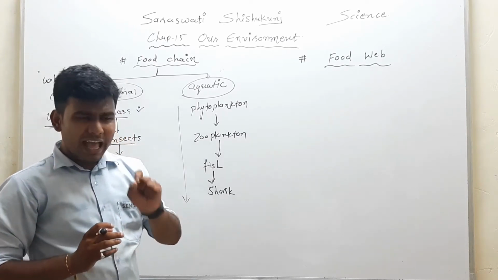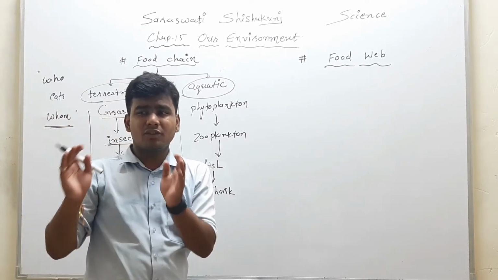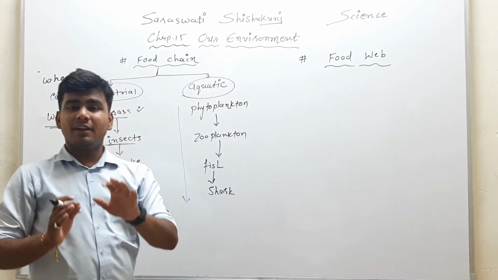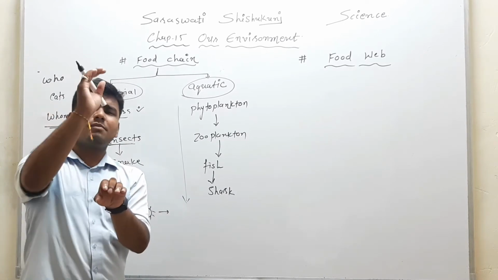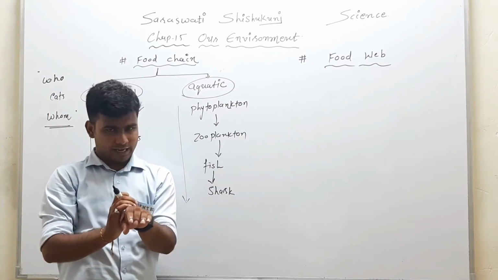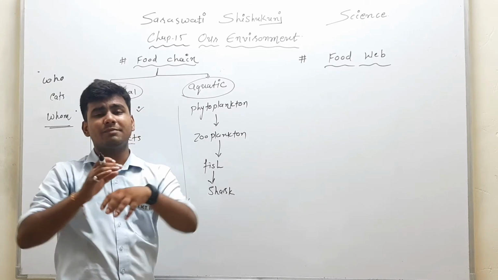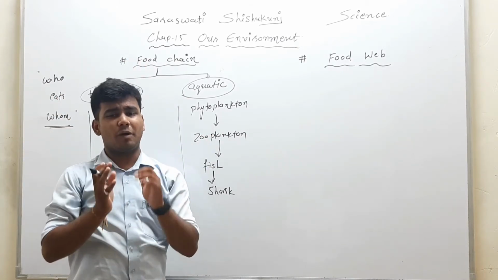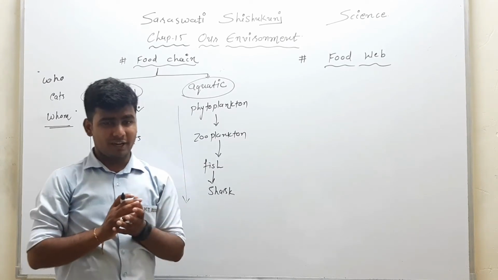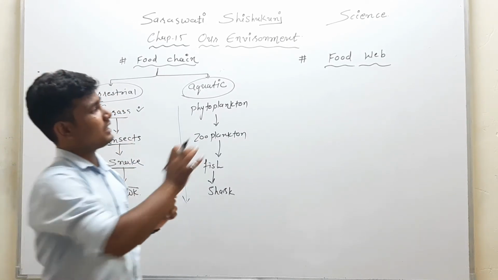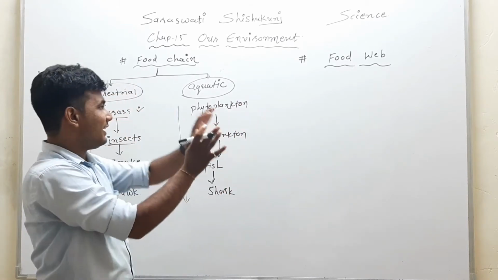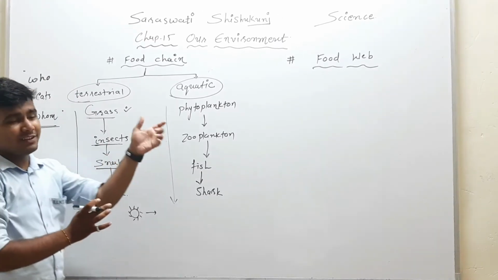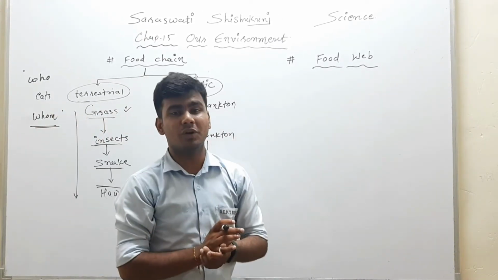But one organism is not dependent on only one particular trophic level. One particular organism is not eaten by only a particular animal; it can be eaten by many more. So there will be interrelations between different trophic levels and different animals. For that we will have the concept of food web. It is similar to the food chain, but the food chain is described in linear form, and here the interconnections are also explained.